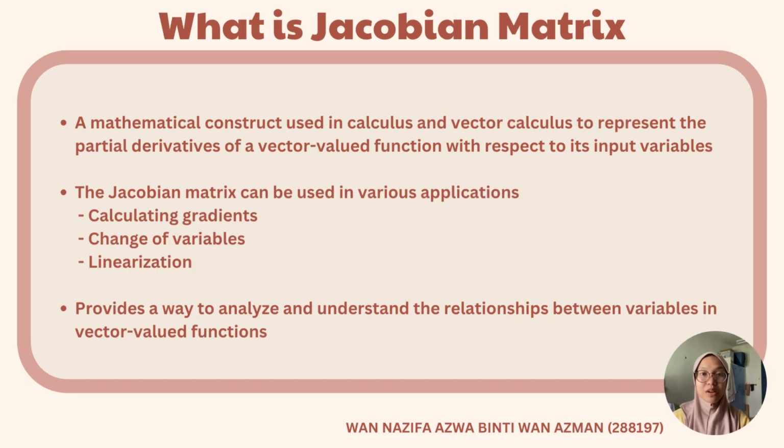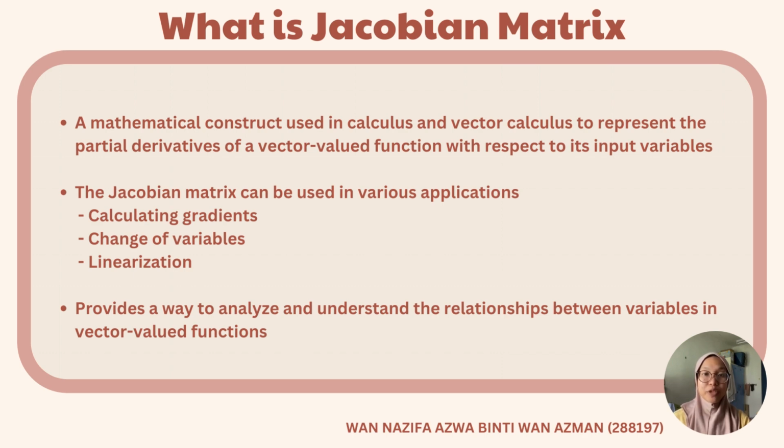Next, I will talk about the Jacobian matrix function, also known as the derivative matrix or the Jacobian matrix. It's a mathematical construct used in calculus and vector calculus to represent the partial derivatives of a vector valued function with respect to its input variables. It plays a crucial role in multivariable calculus, optimization, and differential geometry.